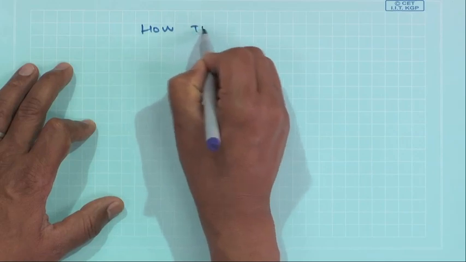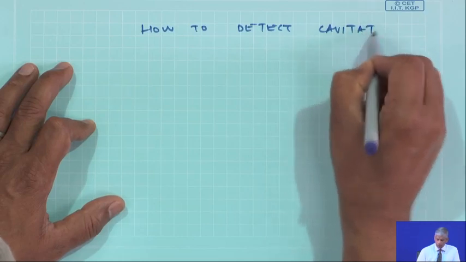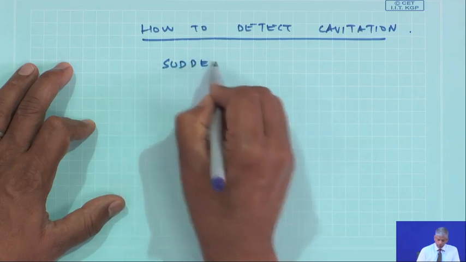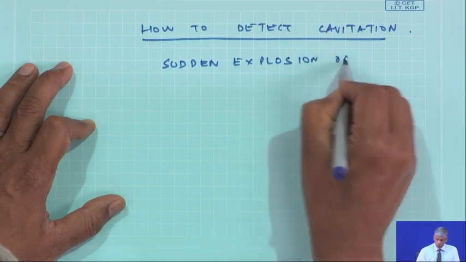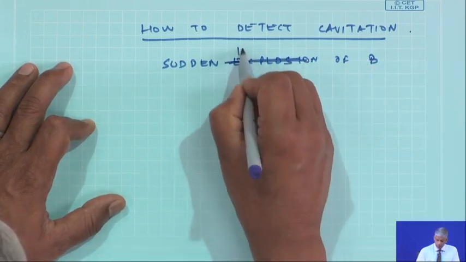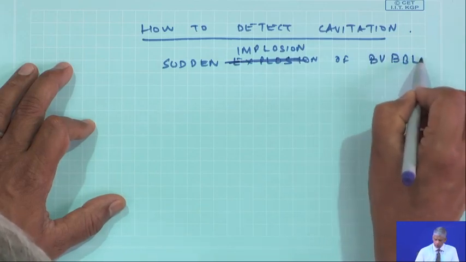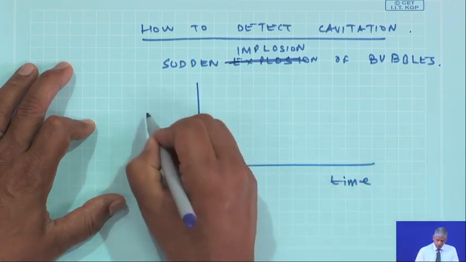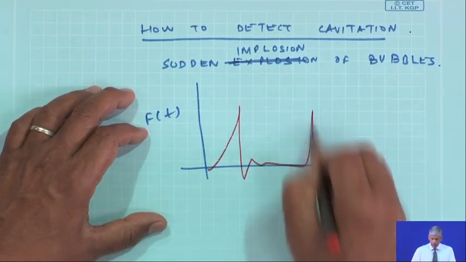How to detect cavitation? See, because of this sudden explosion of bubbles, or implosion is actually a better word, of bubbles, they will give rise to, in the time domain, something very similar to what you can physically see as if something is getting hammering.